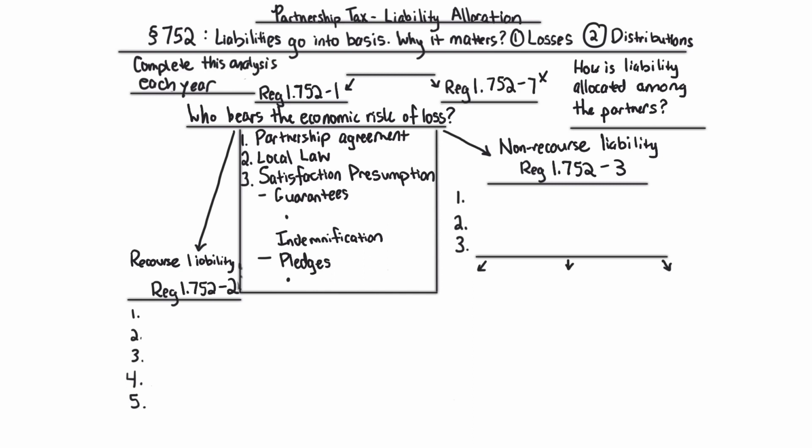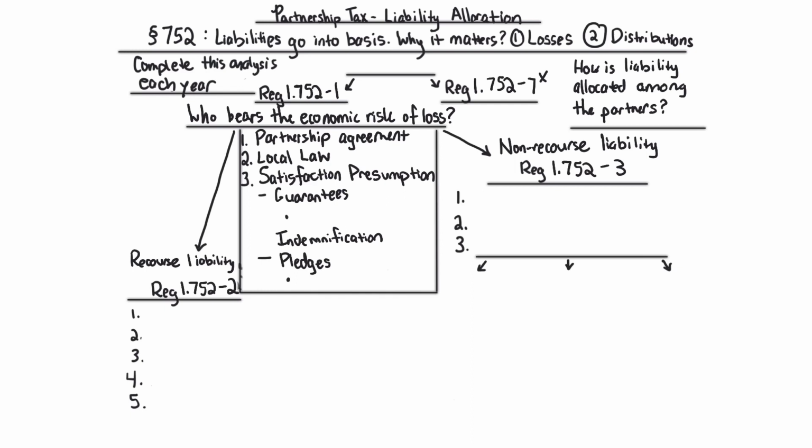Or indemnification, which means that under local law, that's the idea of indemnification, the partner that indemnifies other partners, if the other partners go out of pocket, that partner has to reimburse the other partners. That's indemnification. Or pledging. Maybe a partner is going to pledge property, securities, whatever, with respect to a guarantee or up to the extent of the loan if the partnership doesn't pay.